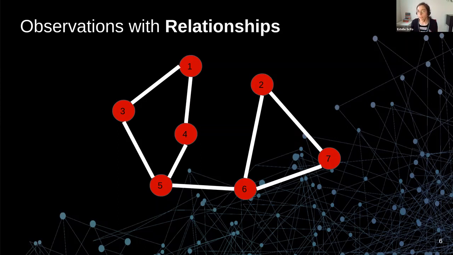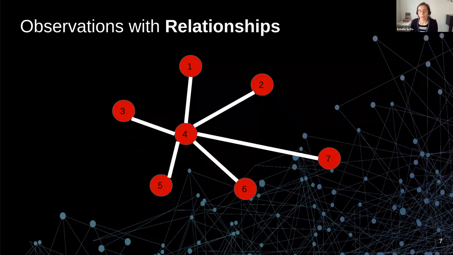For instance, here you see that we have connected the red dots, and you see one pattern, and you can maybe extract some information. If the dots are users, you can see two types of user, or two groups of users, the right and the left one. And with the same observations, if your relationships turn out to be totally different, your conclusion about your data is also totally different.